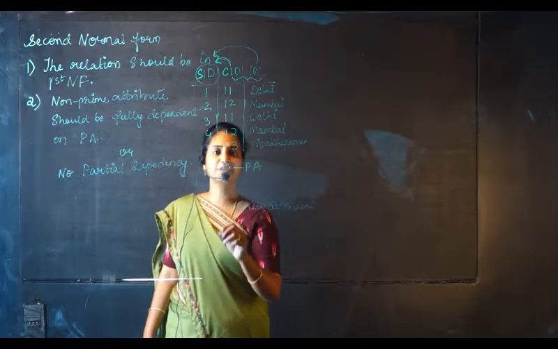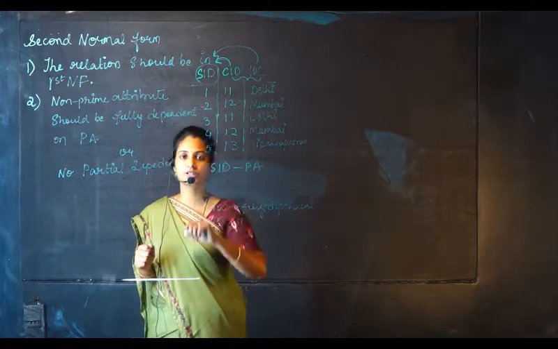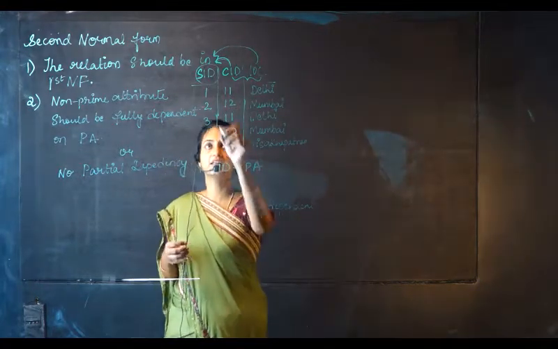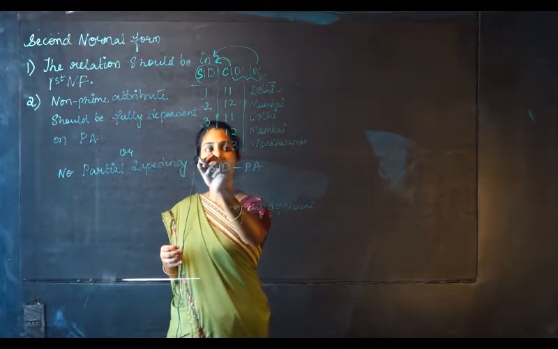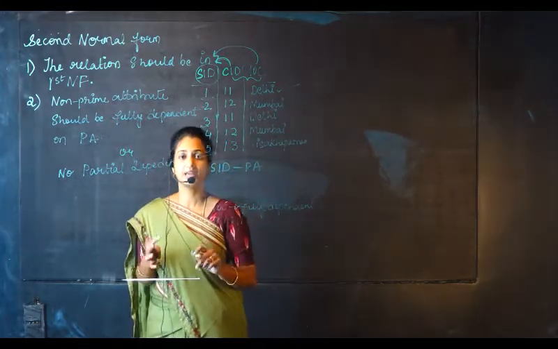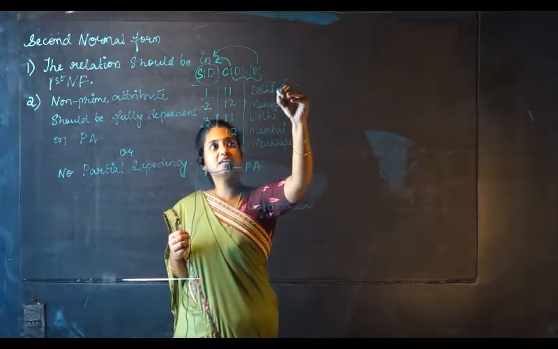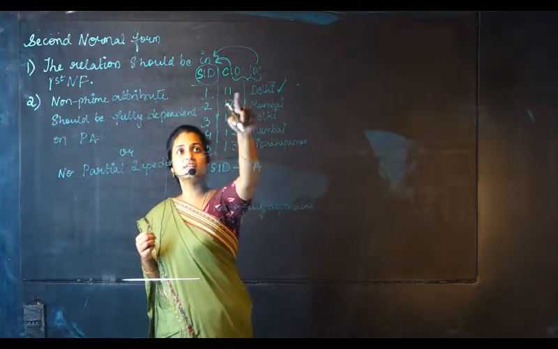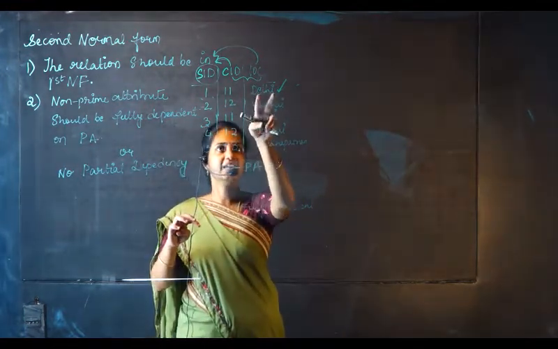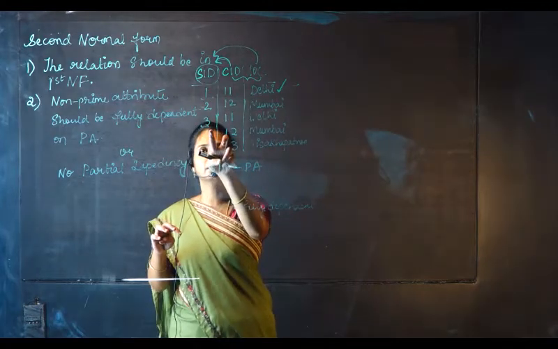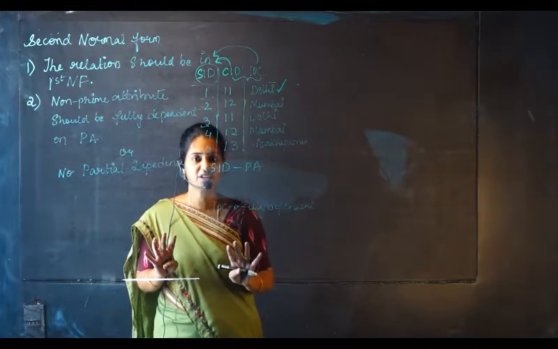Why? Because if I want to find out the location of a particular student, you can easily tell: 1 stays in Delhi, 3 stays in Delhi, 5 stays in Vishakhapatnam. But can you identify which student is in the Delhi location? In Delhi we have two students, 1 and 3. So through Delhi you cannot uniquely identify any student.